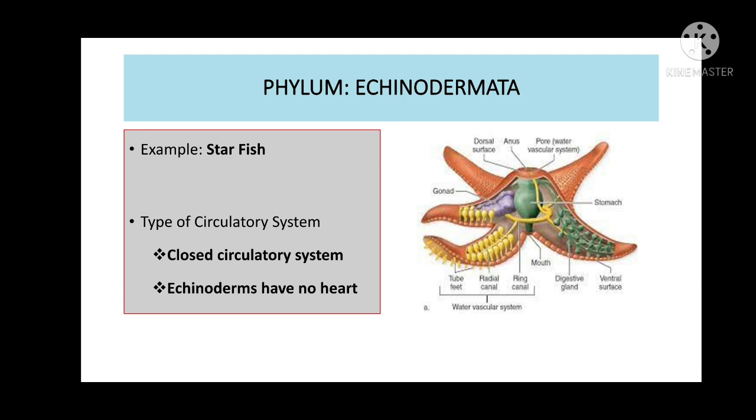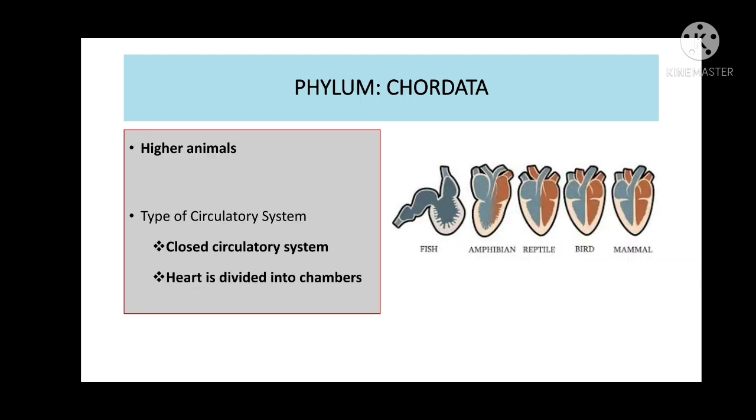Example, starfish. Closed circulatory system is seen in echinoderms. Phylum Chordata. In higher animals, closed circulatory system is seen. Heart is divided into chambers.